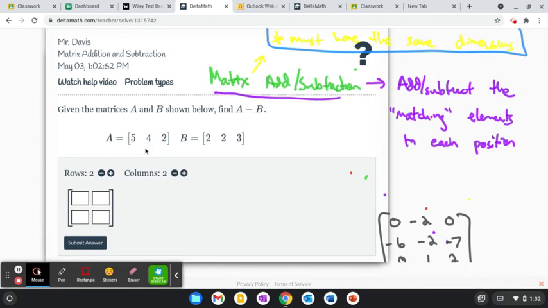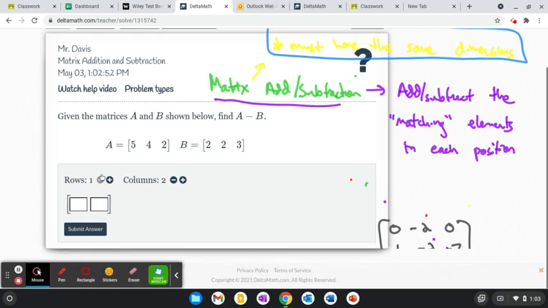We'll go ahead and just do one more. So again, these are 1x3 matrices because they're both 1 row, 3 columns. This is A minus B, so just be careful with the minus. I'm going to go ahead and get the right dimensions here first. We only want 1 row, and we want 3 columns.